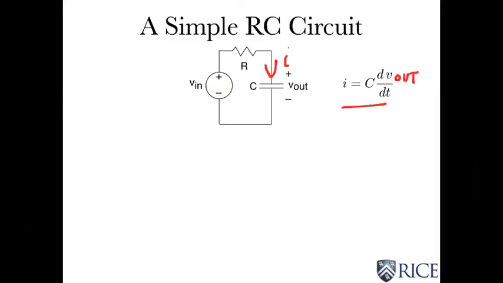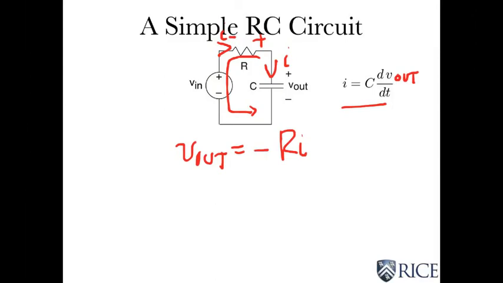So what I'm going to do is write KVL. I'm going to start here and go around like this. And we know from KCL that the current through the resistor is also I. So when I write the KVL equation, V out is equal to, well, I want to go plus to minus this way, and that's voltage in that direction is minus Ri, from the VI relation.